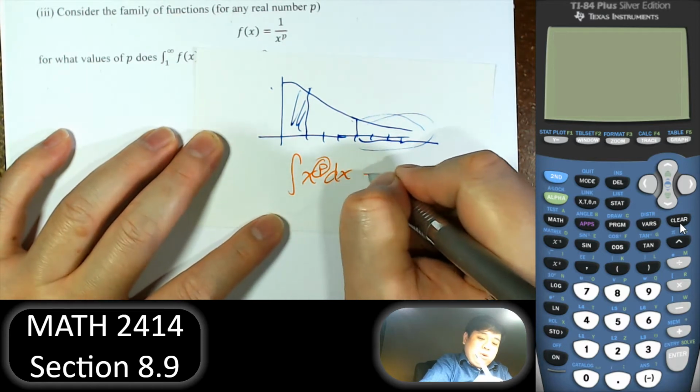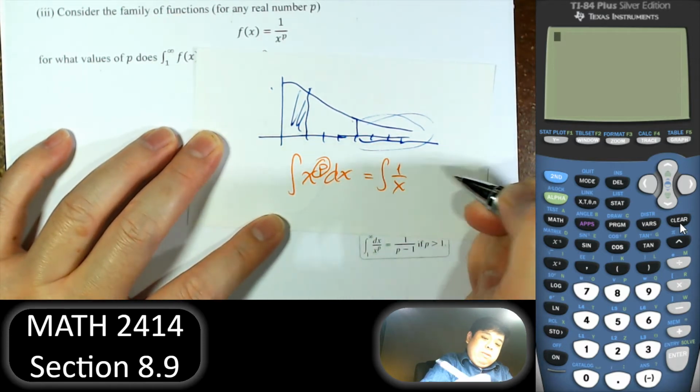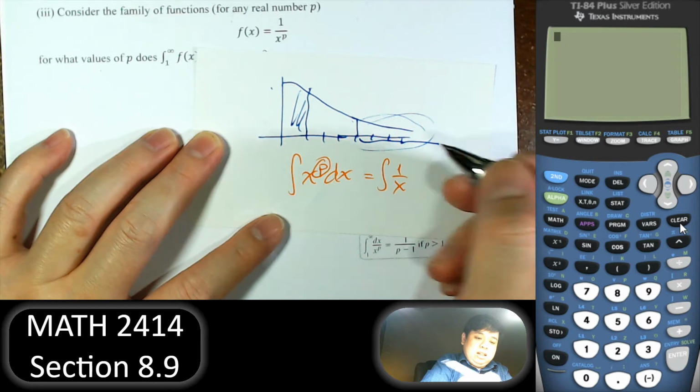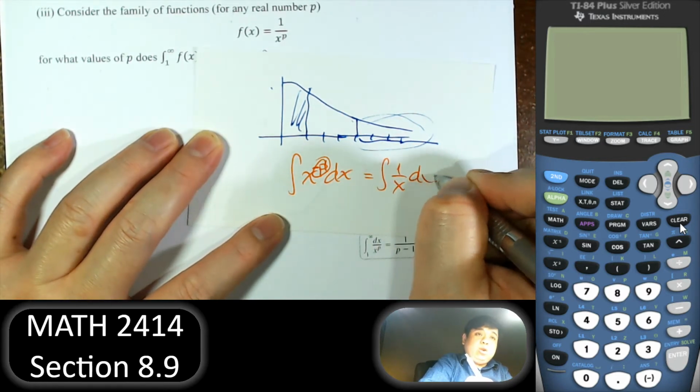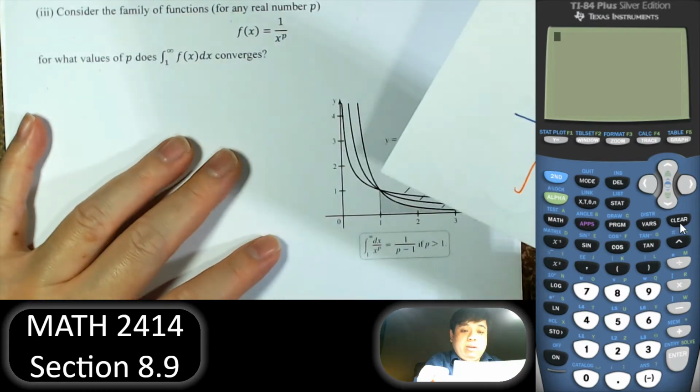Otherwise, if it is equal to -1, we have this special case. The integral of that is ln of the absolute value of x.